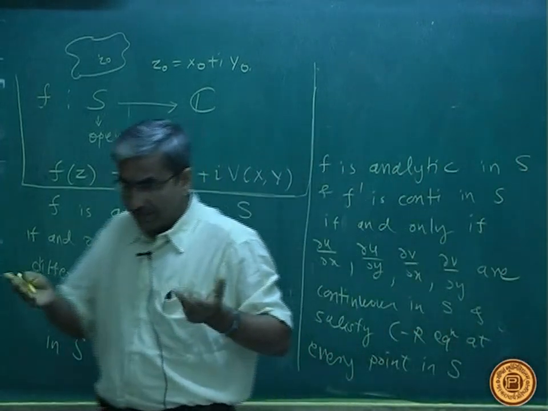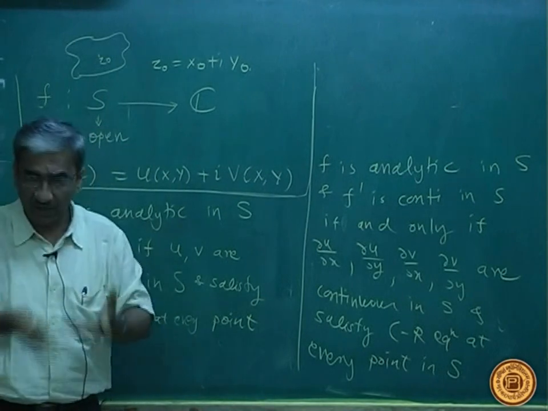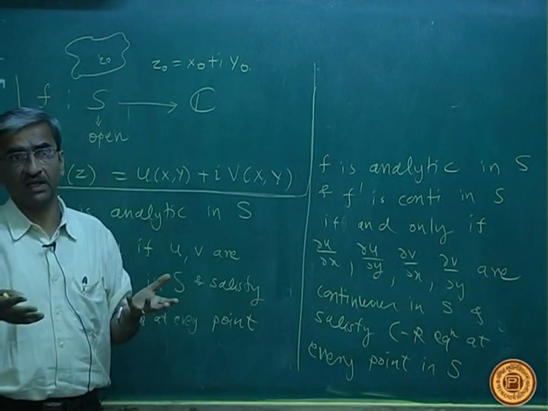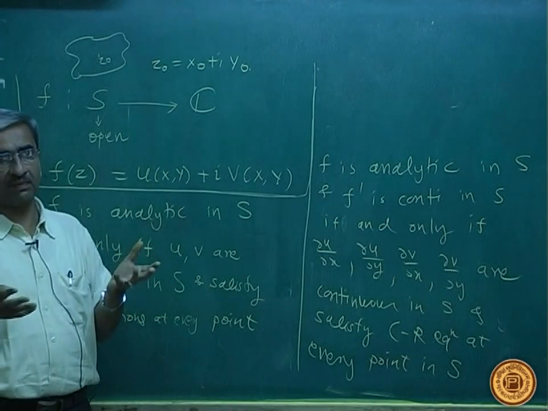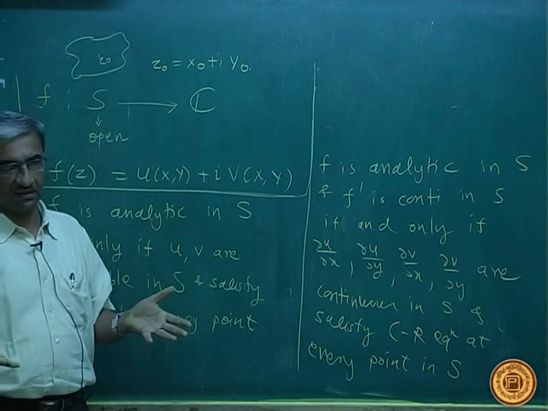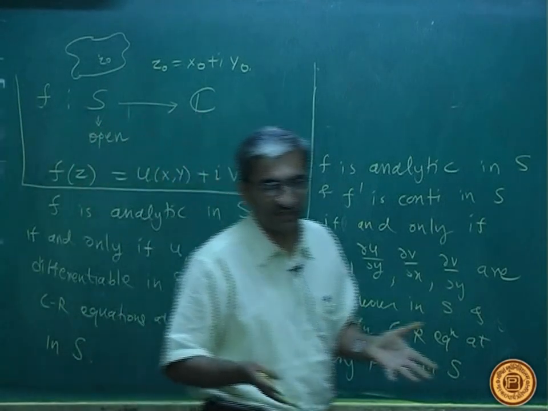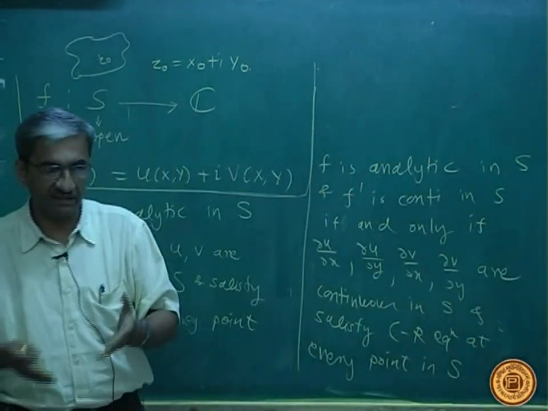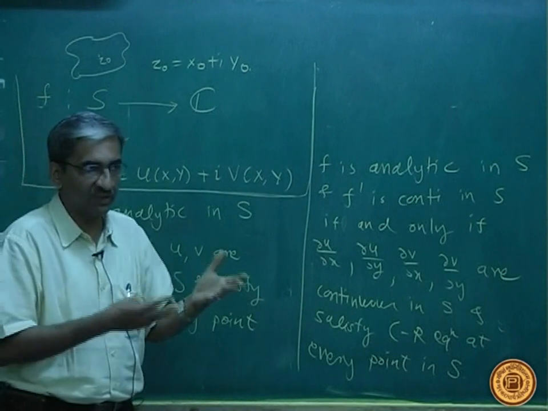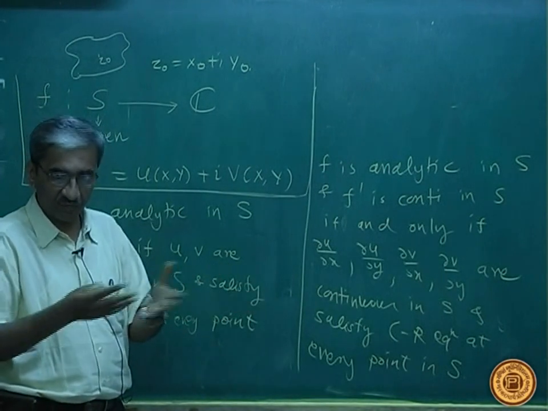And because f dash will be differentiable, f double dash will exist at every point in S. So f dash will be analytic. So f analytic in S implies f dash analytic in S. Isn't it very surprising to you? Because this doesn't happen in the real case. Real case in the sense that in calculus it doesn't happen. We have functions which are differentiable once, but they are not differentiable twice in a certain set.